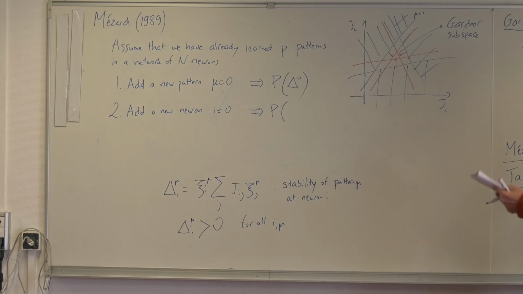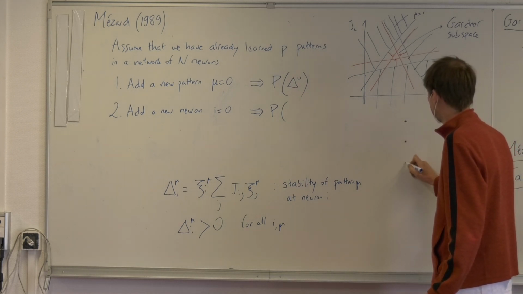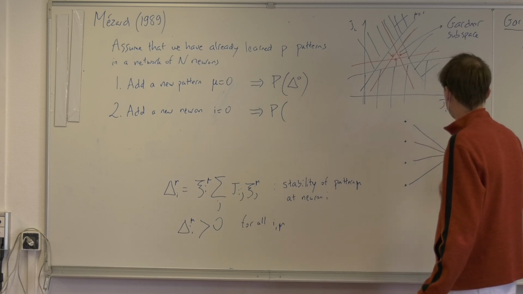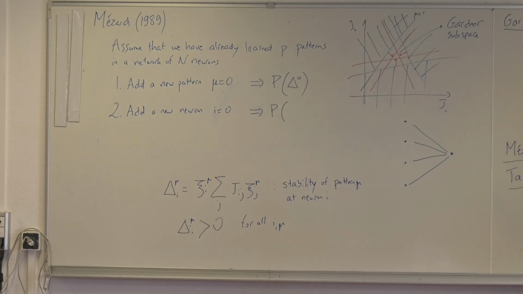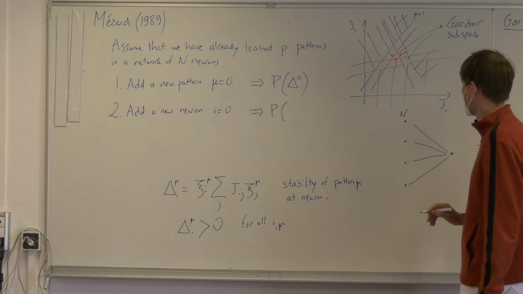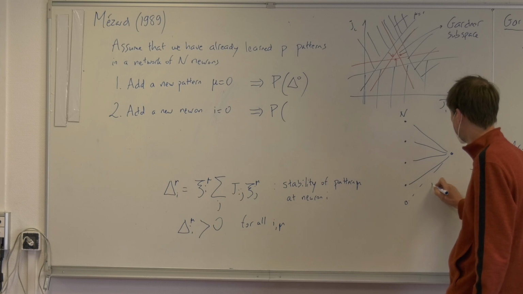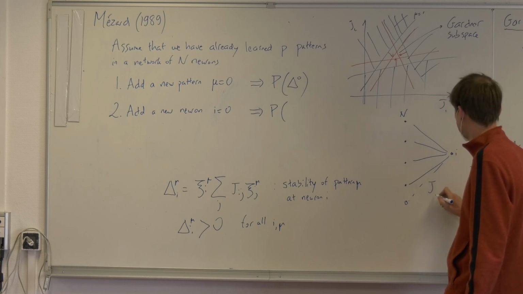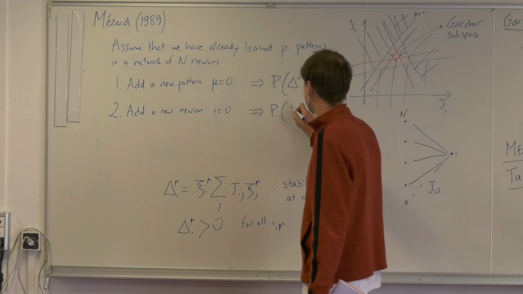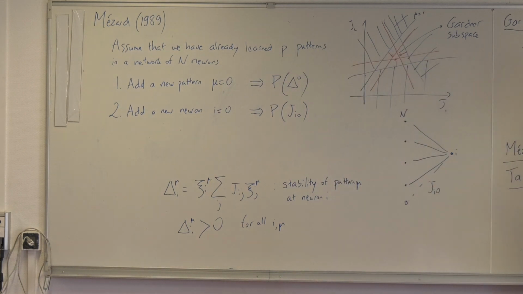So let me step back and draw again this simpler perceptron network where you have these n inputs and one output. And the idea is that we are adding a new input neuron, and so suppose this is neuron i, and now we will compute the distribution of this new weight.